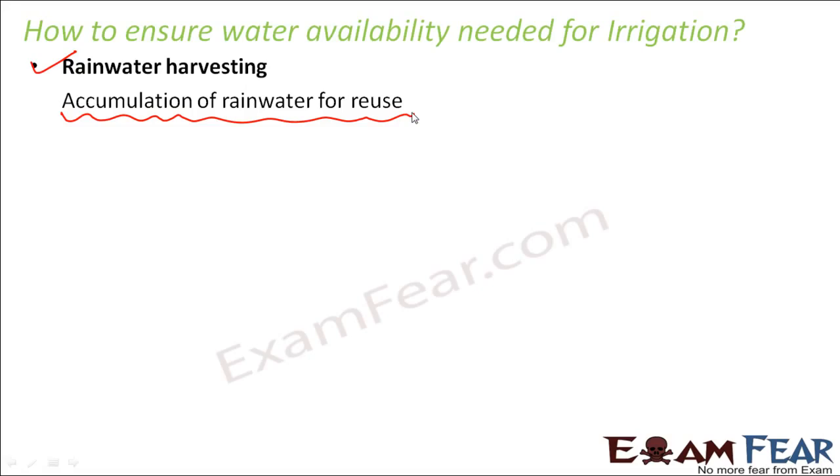Now let us suppose by some chance the nearby well has dried up, so you don't have water at all. So even if you use the drip system, you need at least some water. Without water you can't do it. You utilize less water, but you need water for that. So what will you do then? For that purpose, it is always advisable to store the rainwater so that it can be utilized later, so that you never arrive at a situation where there is no water at all.